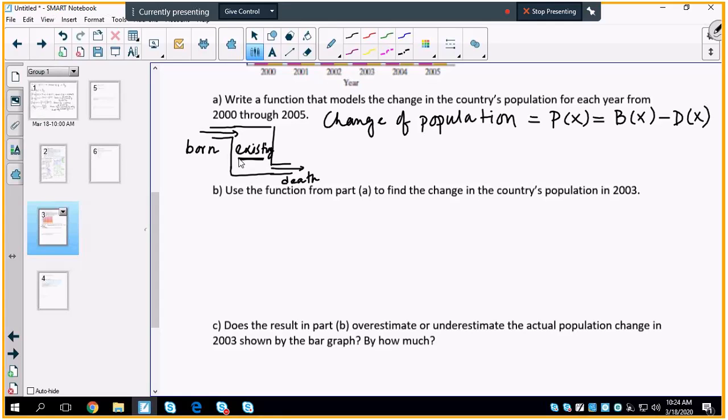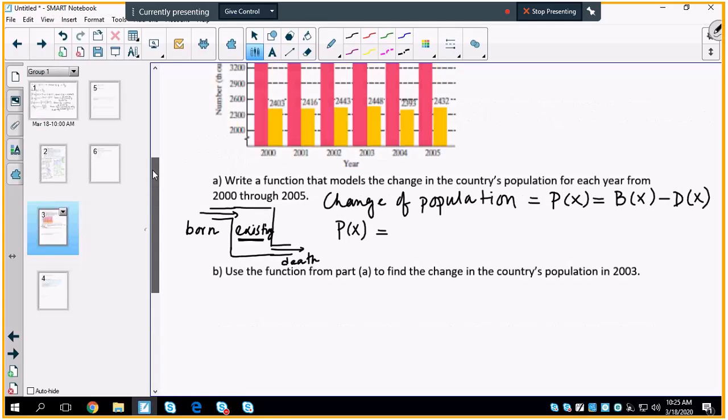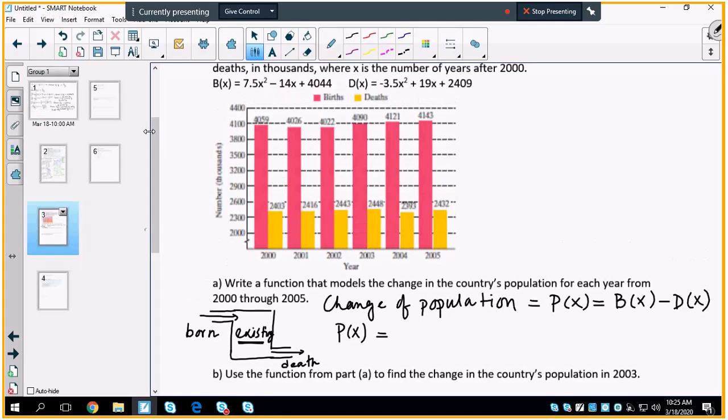Now remember, we have explicit form for both number of births and number of deaths in terms of functions. These are b(x) and d(x). So I'm going to just write them down as we have done in composition of functions. So 7.5x squared minus 14x plus 4044 is the number of births. Now I'm subtracting, so I want you to remember again, you put the entire function d(x) inside parentheses. And that is going to be minus (3.5x squared plus 19x plus 2409).